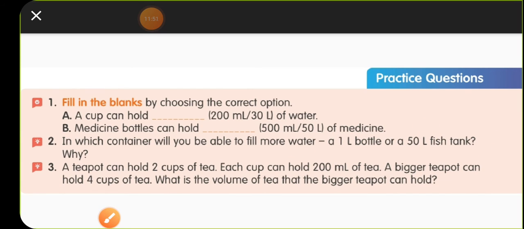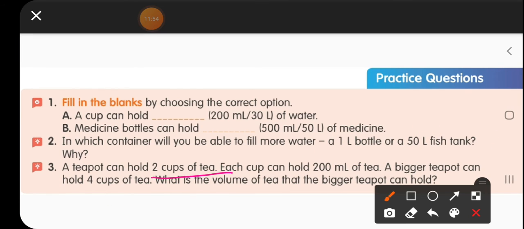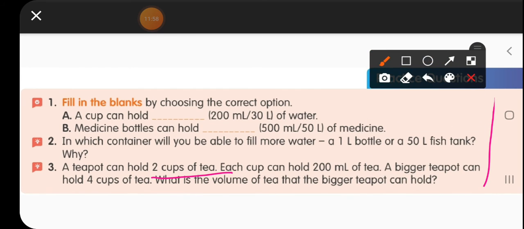A teapot can hold 2 cups of tea. Here they are giving that a teapot can hold 2 cups of tea and each cup has 200 ml. Another teapot can hold 4 cups of tea. So what is the volume of tea that the bigger teapot can hold?